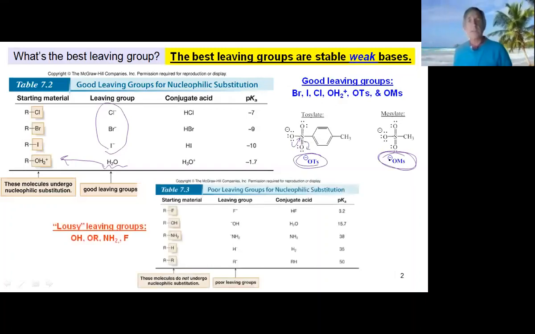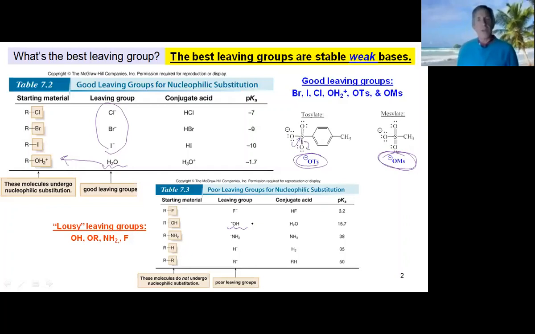What makes for really lousy leaving groups? Really strong bases. Ones that really want to react fast and hard and don't want to be out there negatively charged all by themselves. So poster children for this: OH- is an awful leaving group because it's a strong base. And so you can see all these other ones like H- are also very, very ugly.